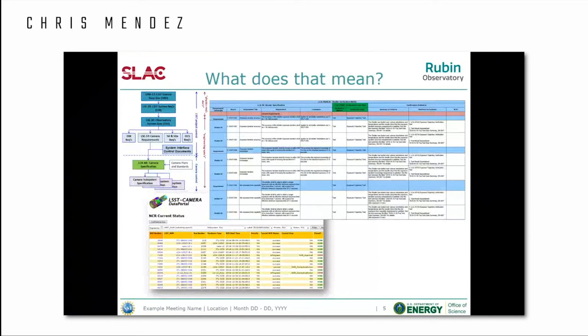What I'm doing with those specifications right now is I work with the camera subsystems to develop verification plans, which essentially we use to check off that each of these requirements has been met. And what I have shown here is an example verification matrix that collects all of this data. This is the end result of our process, but there's a lot of planning and execution behind this.